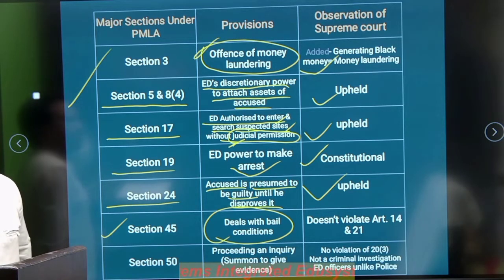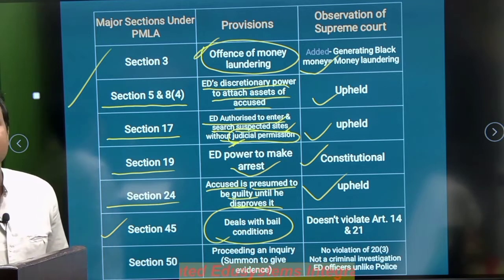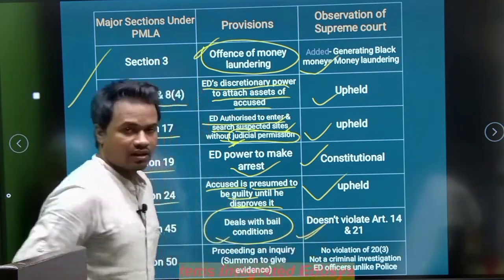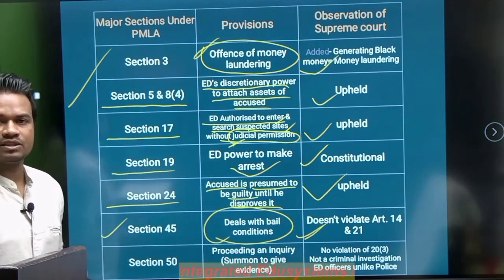But again the Supreme Court observed that it does not violate Article 14, that is equality before law, as well as Article 21, that is the right to life and liberty. So, again that was observed well and upheld by the Supreme Court.